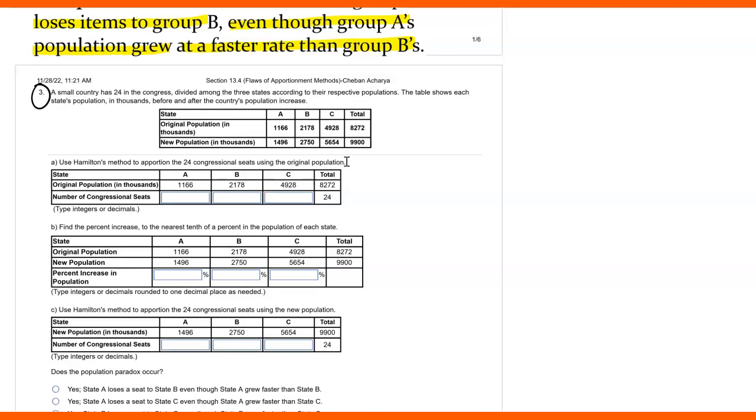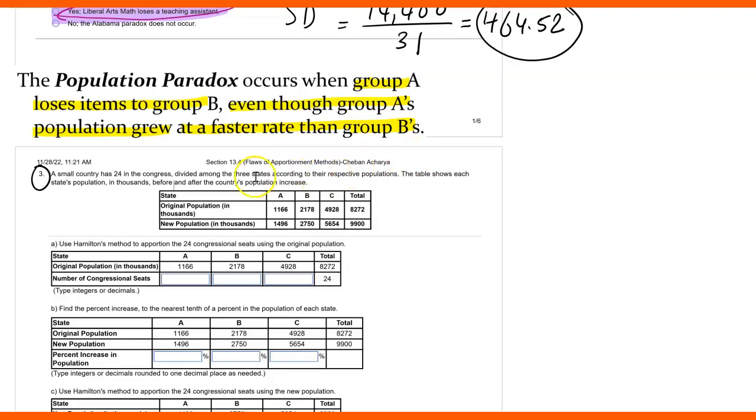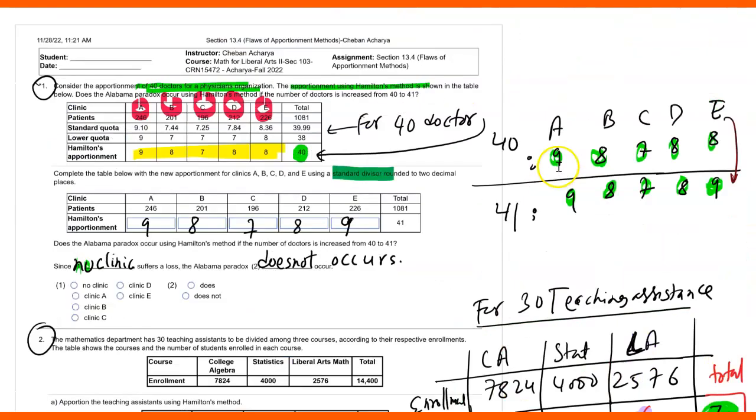Okay, all right, let's do this question again. Again, you have 2 tables, one for the original population, another for the new population, because we're talking about an increase in population. Therefore, you're doing 2 different Hamilton methods for 2 different tables here, like we did in the previous section.